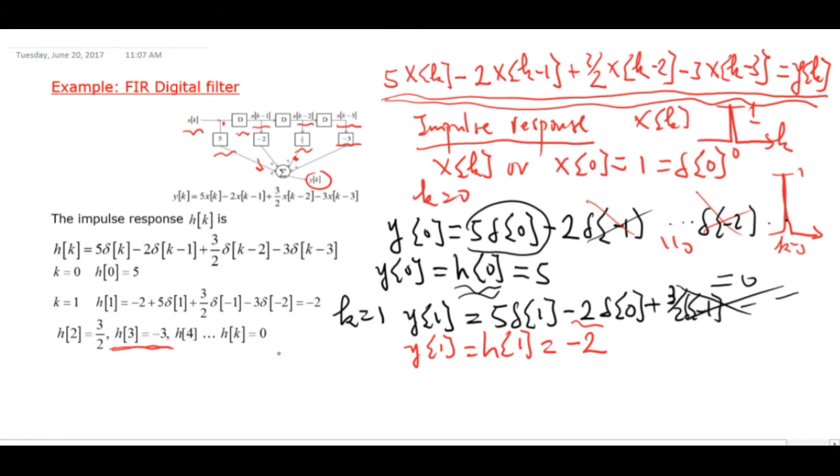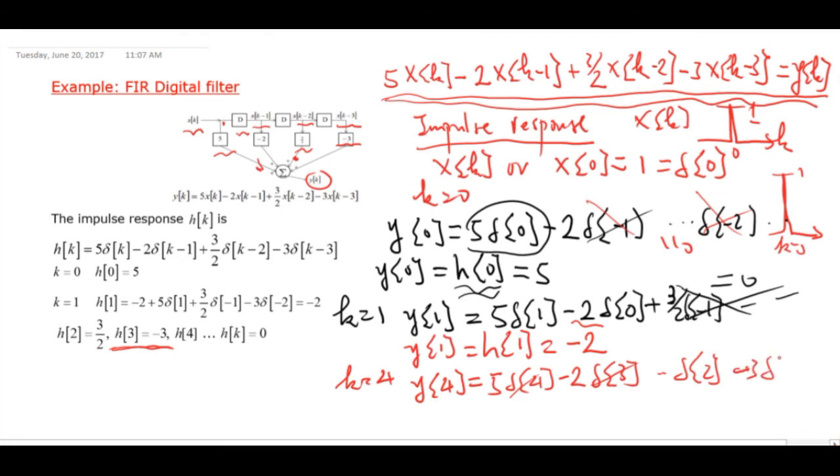Then for k equal to 4, y4 is equal to 5 delta 4, which is 0, minus 2 delta 3, also 0, then 3 over 2 delta 2, then minus 3 delta 1, so 0, 0, no more.